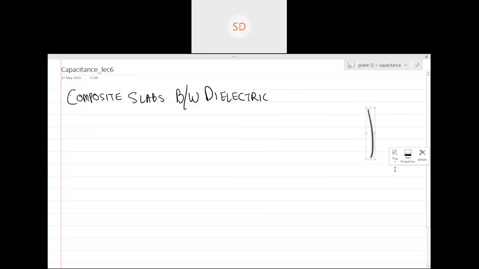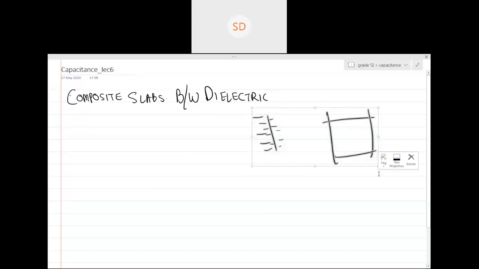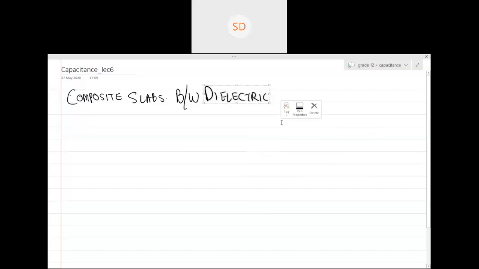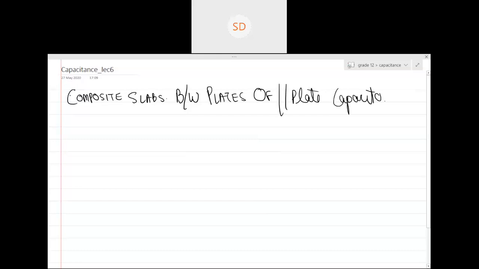Now, see, I'm giving you questions based on this thing. Composite slab between dielectric. Parallel plate capacitance. Now, see, guys, I'll directly give you a question. Suppose these are the plates.